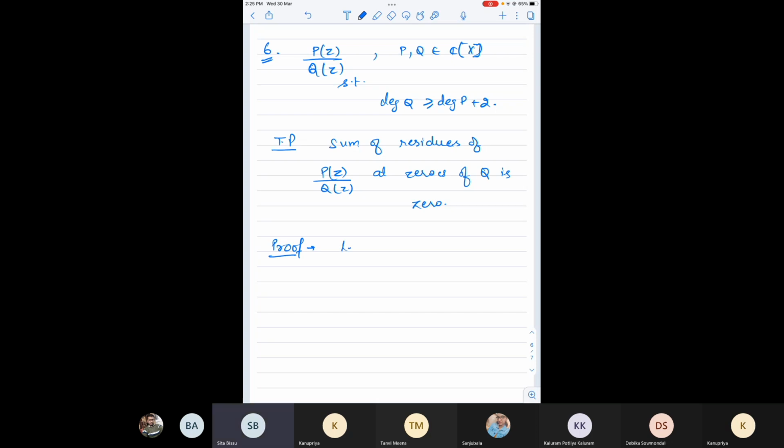Yes, ma'am. Okay. So first of all, we will choose a contour, a simple curve, such that all the zeros of QZ lie inside it.